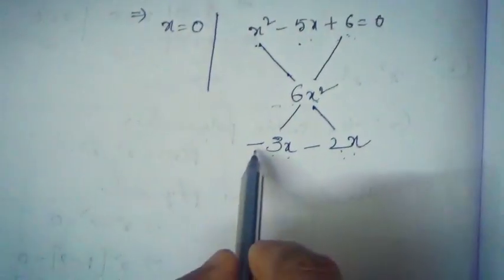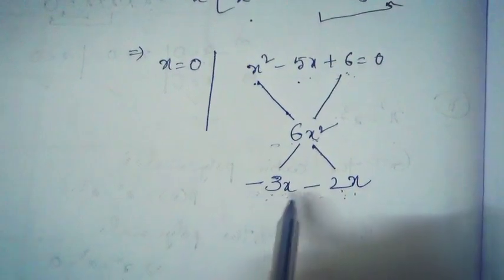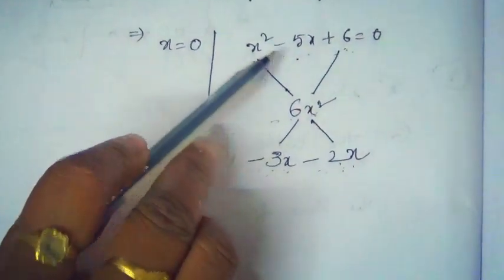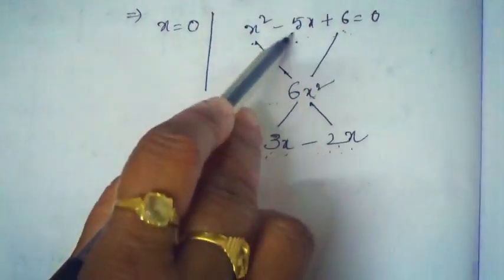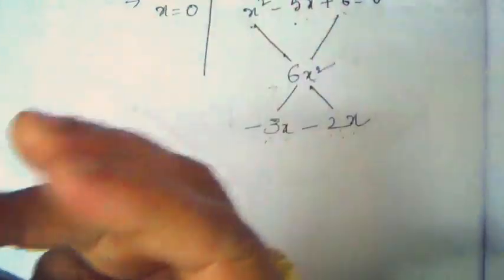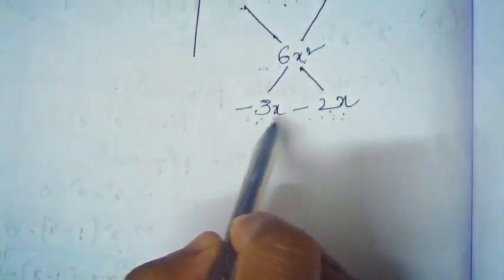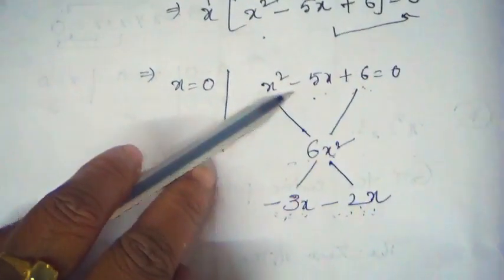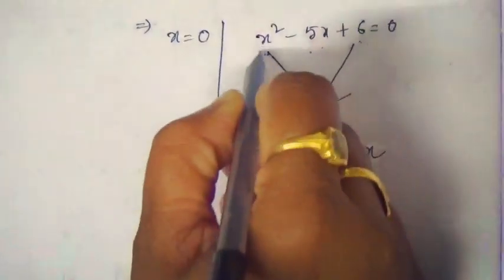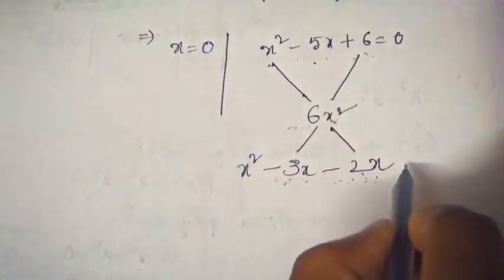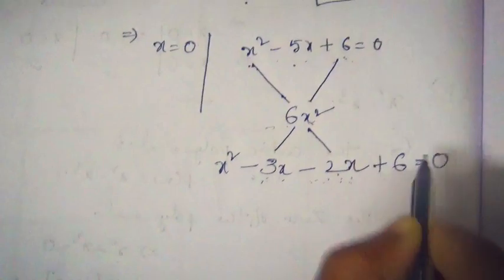Then you will get minus 3x minus 2x, which is minus 5x. Is it? 3 plus 2 is 5. 3x plus 2x is equal to 5x. The negative sign has to remain here. The first term has to be written like this, and the last term as usual.